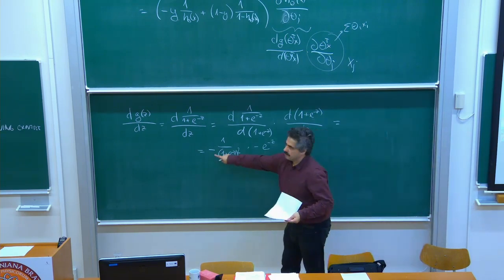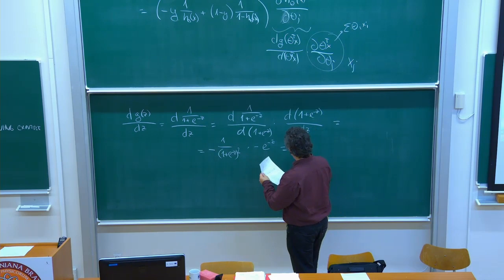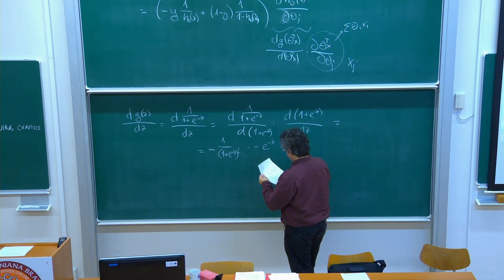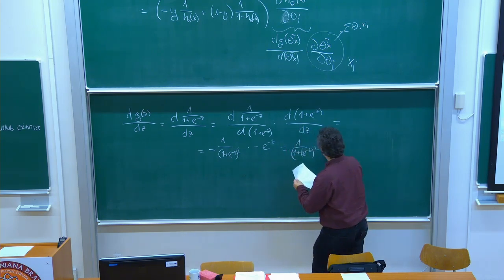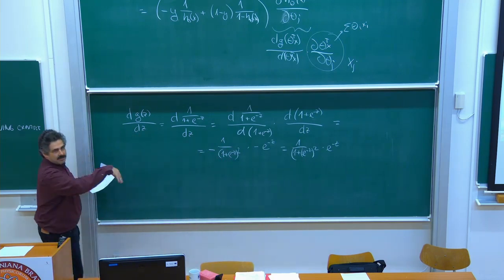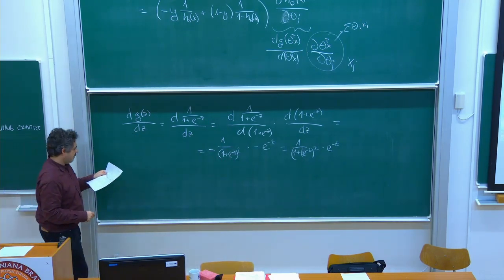So this is minus and minus, which gives us plus, so the result is 1 over (1 plus e to the minus z) squared times e to the minus z. I just removed the minuses so as not to make it too confusing.